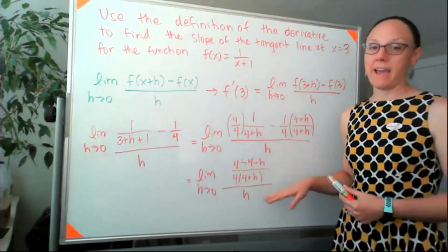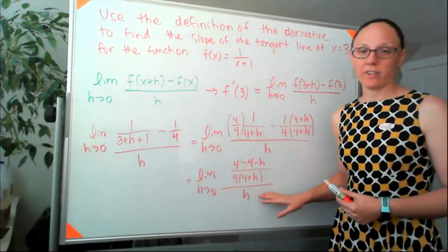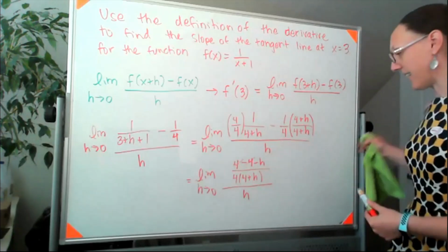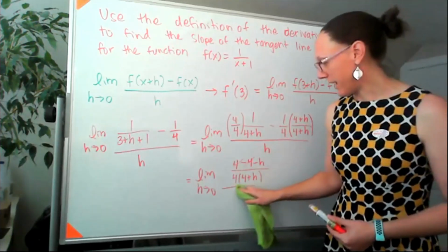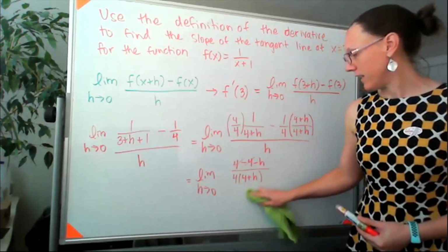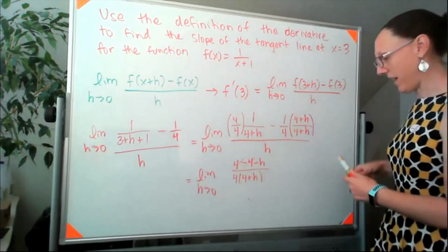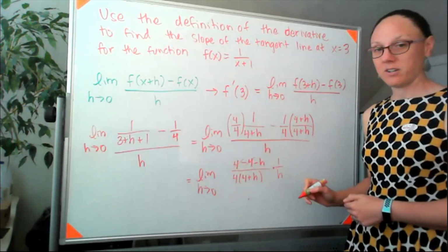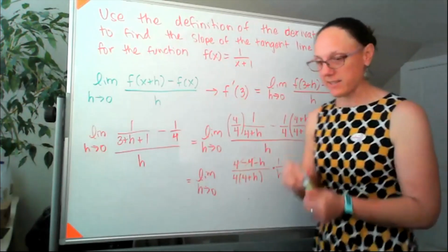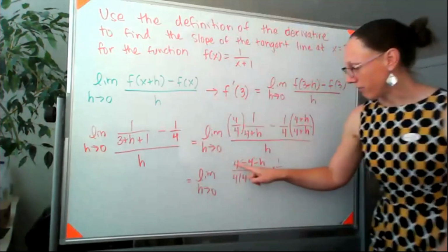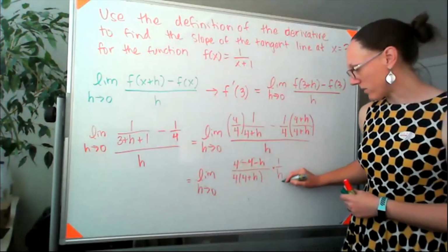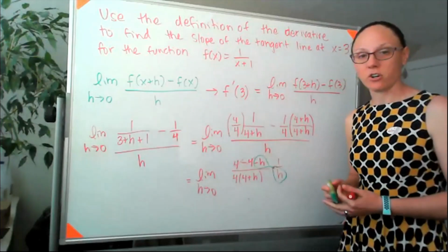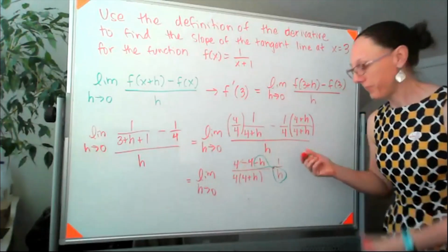And one option that we have here, because the whole thing is divided by h, another way that we can write that, instead of dividing by h down there, we can write it as that whole thing times 1 over h. So now when I'm looking at this, the 4 and the minus 4 canceled out, and negative h over h is going to turn into a negative 1 on the top.